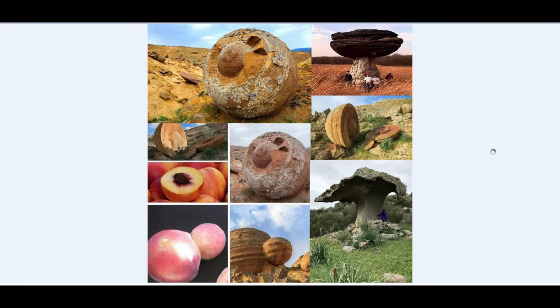They compare it to the peaches and other types of fruits with their seeds inside. So yeah, mushroom vegetation, of course, that's why they're so perfectly round, a sphere, because our fruits like peaches and other types of fruits are also round spheres. And even inside you can see it's exactly identical.